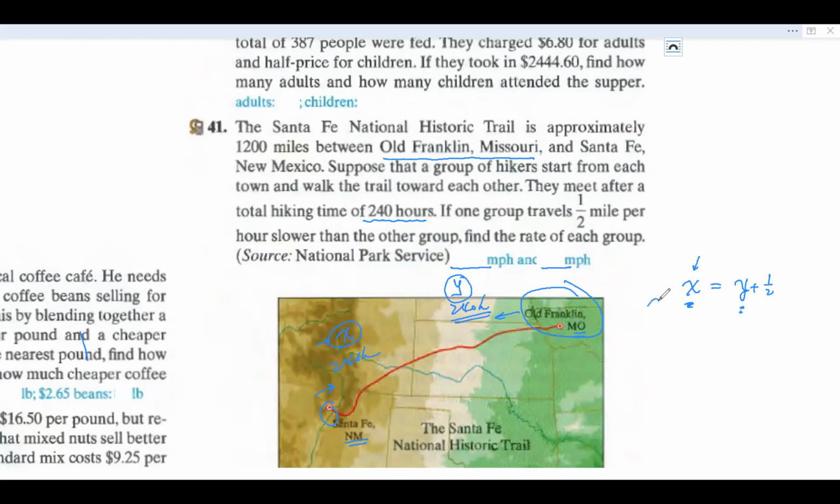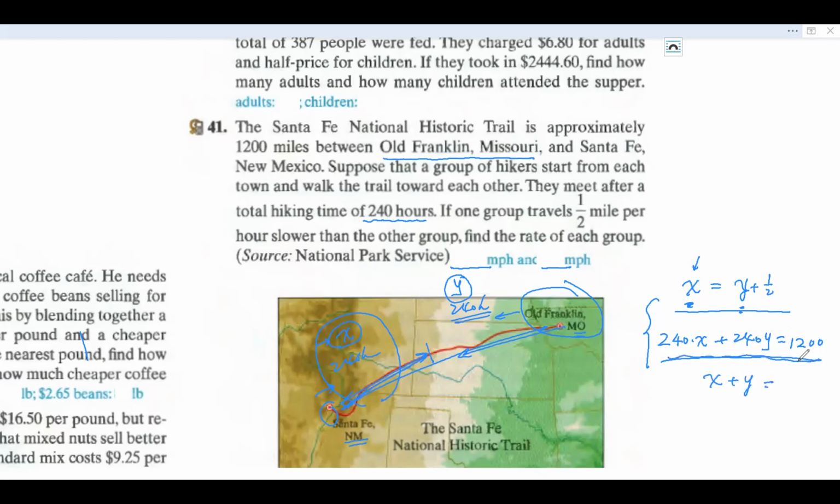So what's the other equation? We can base it on the distance. This group walks 240X from the beginning to the meeting point, and the other group walks 240Y. Together they cover 1200 miles, so we can build a second equation.